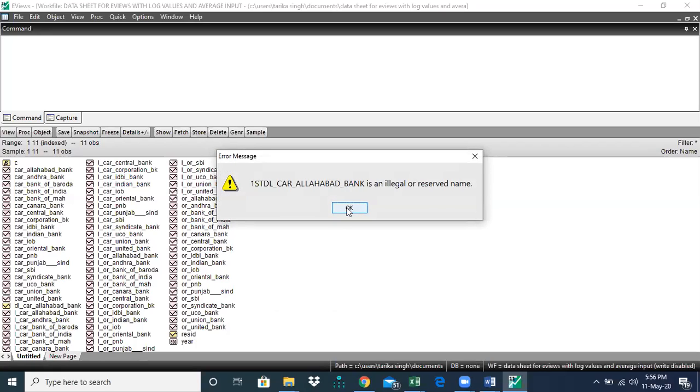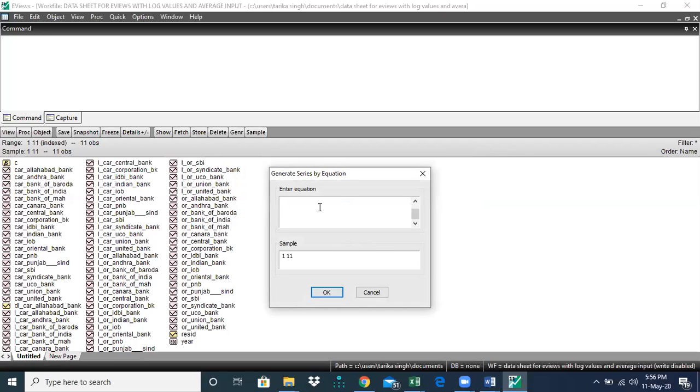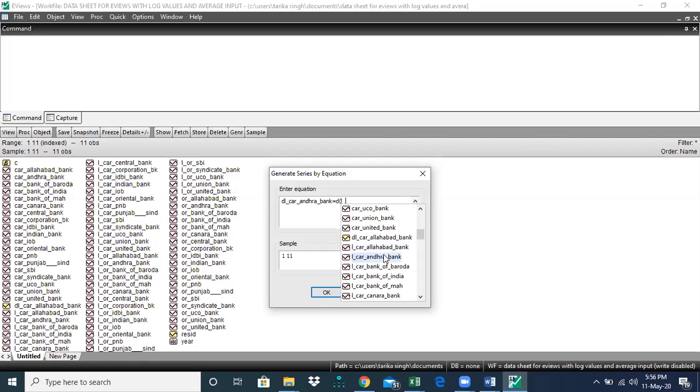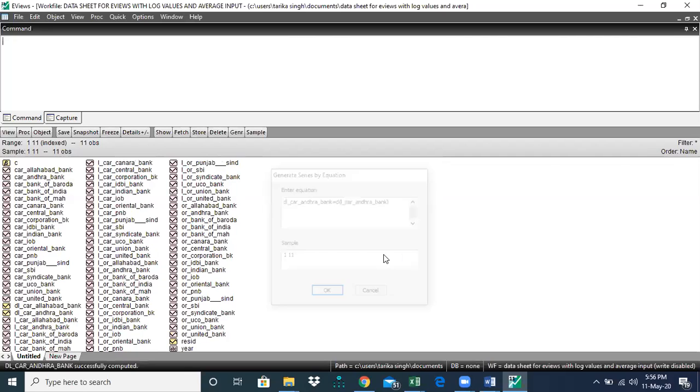The label is an illegal name or reserved name, which means I might have used it earlier. So I'll do it for CAR Andhra Bank instead. I have the name DLCAR of Andhra Bank equals to D bracket, L underscore CAR of Andhra Bank, and okay.